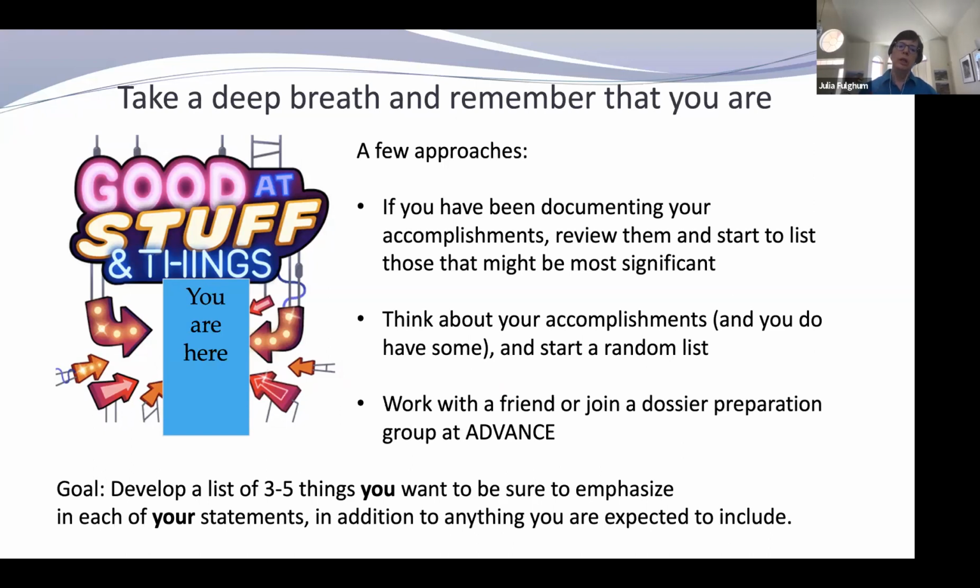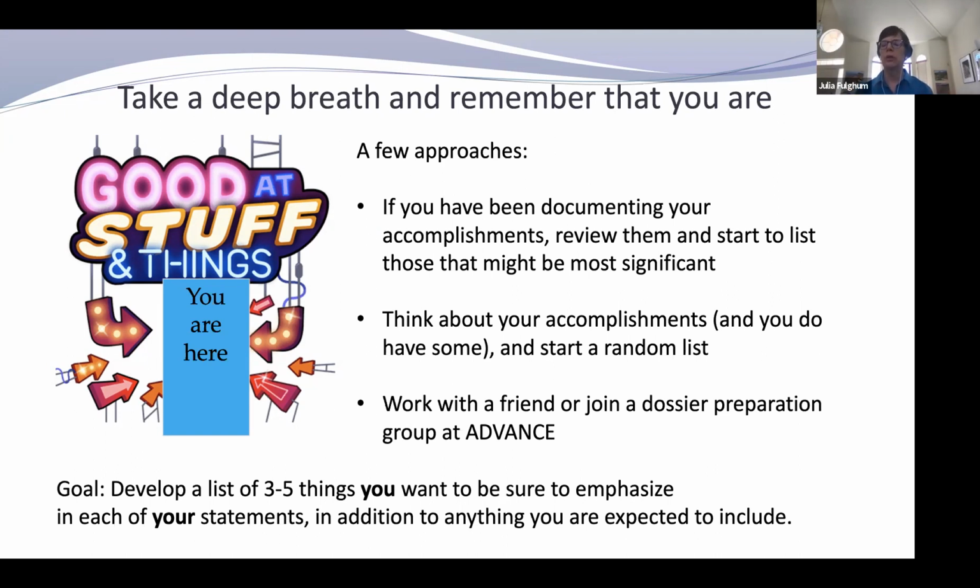The goal is to have a list of 3 to 5 things that are important to you to emphasize in each of your statements. There's stuff you're expected to include, and we're definitely going to help you figure out how to do that. But for the first time thinking through it, you want to think about what's important to you.